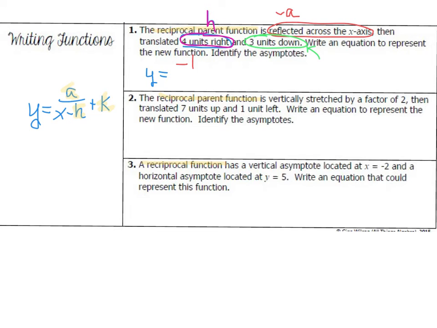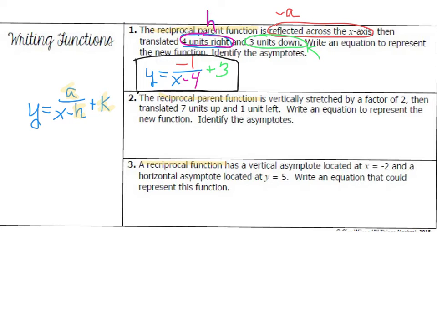Okay, so then I've got -1 over, and then my x is here. So 4 units right is typically a positive, but because it's inside the function, I want to change the sign. So right would be a -4, and then 3 units down is the same sign, so I have a +3 on the outside. So this is my reciprocal function.